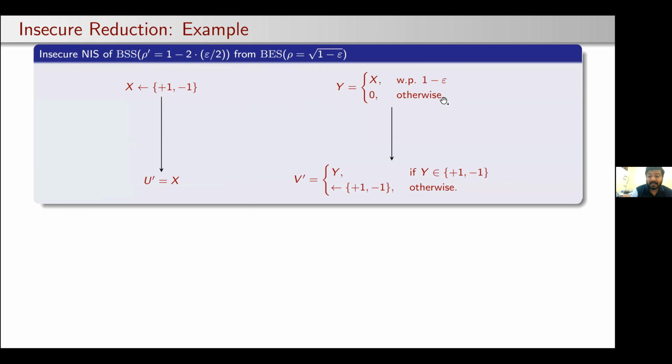Otherwise, the bit is erased. And the reduction that Alice and Bob perform is the following. Alice outputs the same bit as X. Bob outputs the bit Y if Y is +1 or -1. Otherwise, it outputs a random sample +1 or -1.